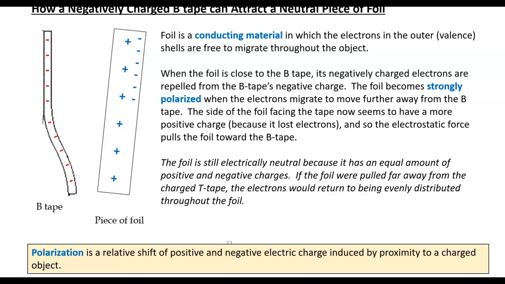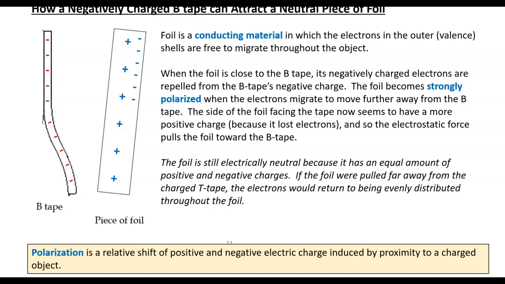Because of that, the side of the foil that is closest to the bottom tape now appears to have a positive charge. It has lost so many electrons, which moved to the other end, and so the positively charged side of the foil is attracted to the negatively charged bottom tape, and they pull closer together.